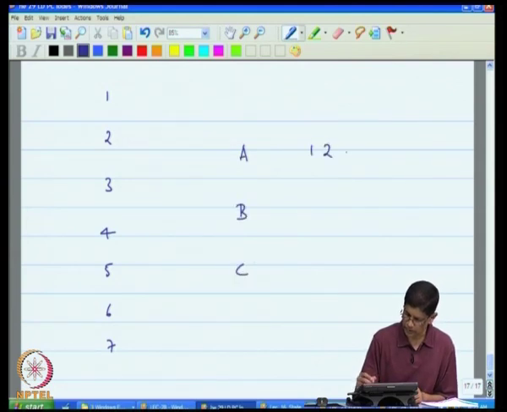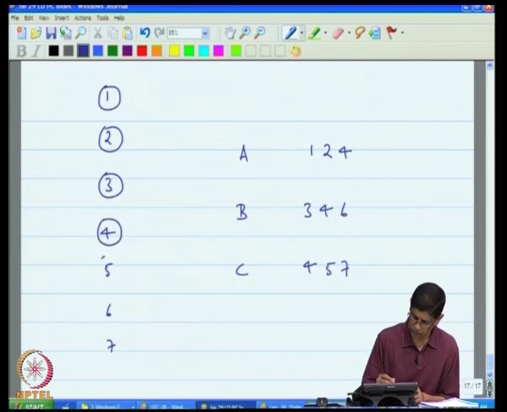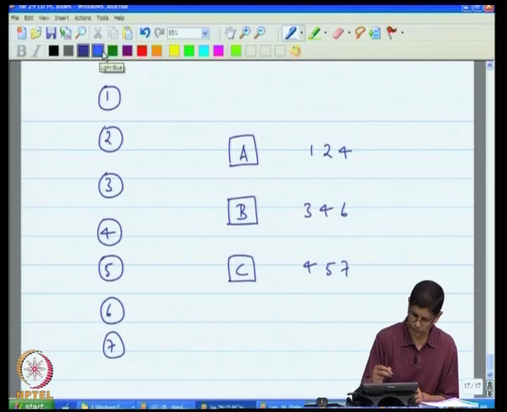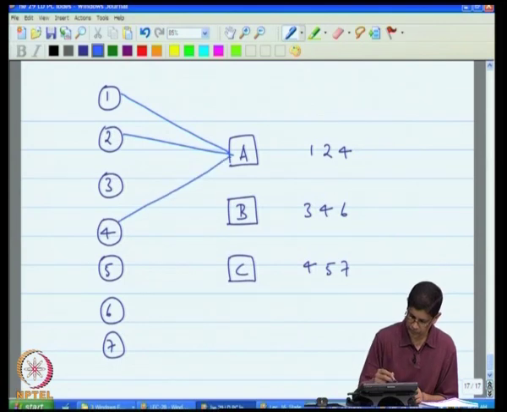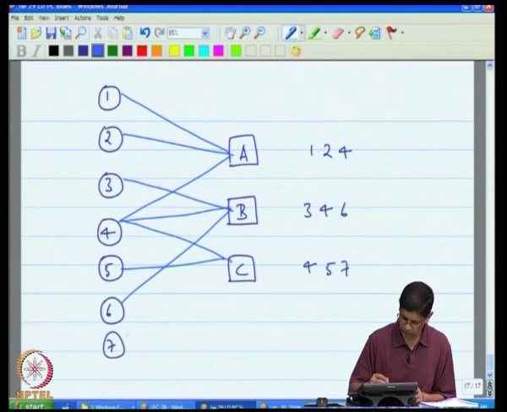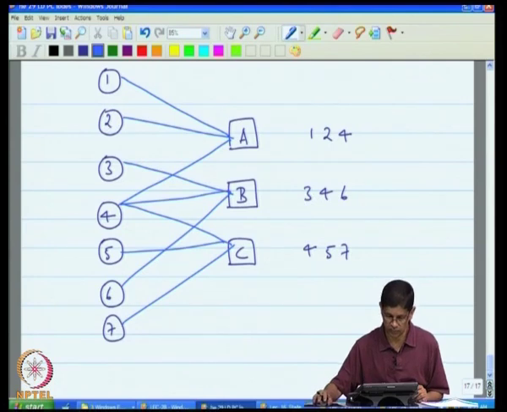So, this corresponds to 1, 2, 4; 3, 4, 6; and 4, 5, 7. And if I draw edges like we did in the case of the Tanner graph, we obtain the Tanner graph representation of our earlier 7,4,2 code.